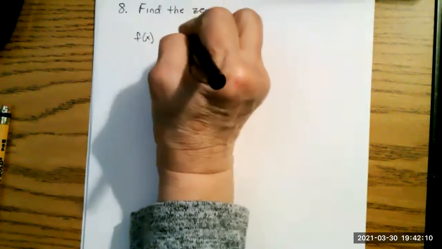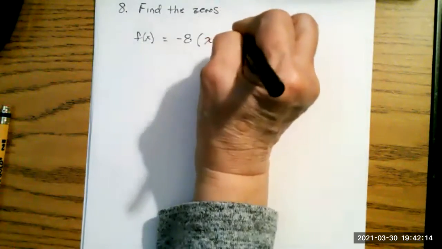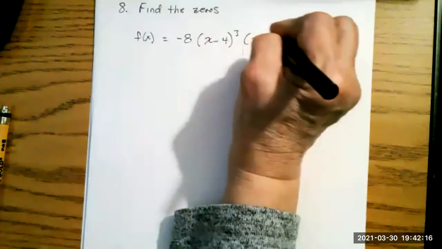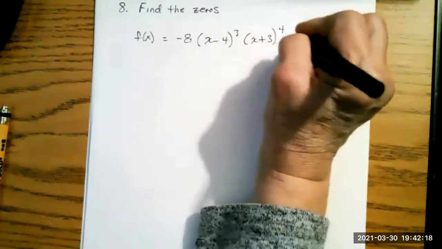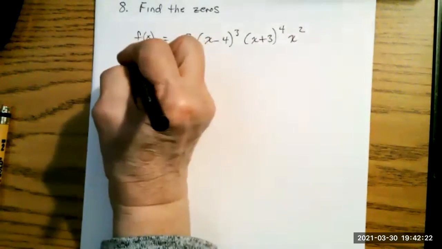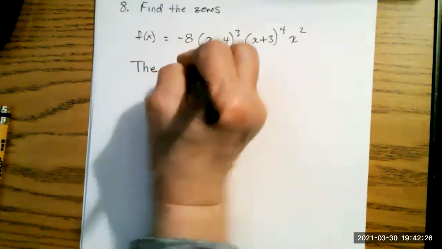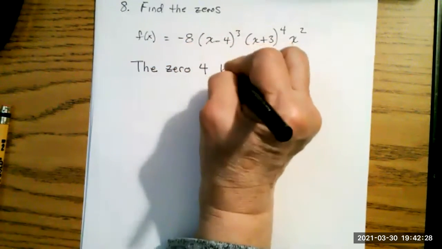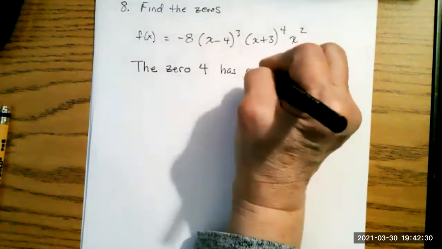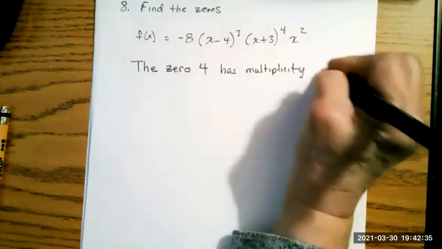And you have f of x equals negative 8, parentheses, x minus 4 to the 3rd, x plus 3 to the 4th, x squared. Okay? We have to fill in these blanks. The 0, 4 has multiplicity blank.